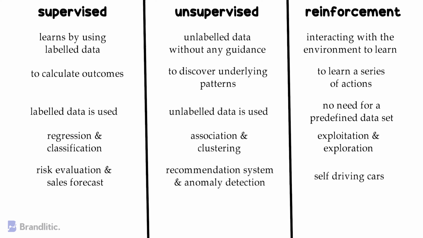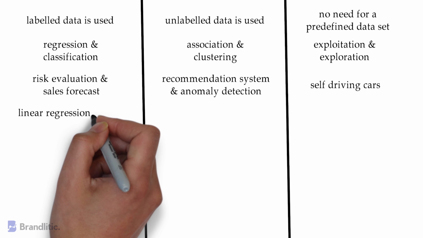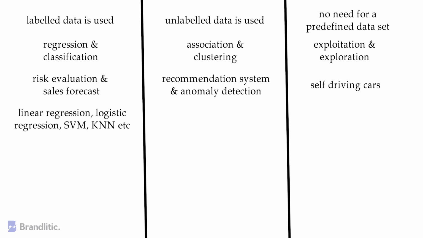Number 6, some algorithms used in supervised ML are linear regression, logistic regression, SVM, KNN, etc. Whereas K-means and C-means are some algorithms used in unsupervised ML. And on the contrary, in reinforcement ML, algorithms like Q-learning and SARSA are used.